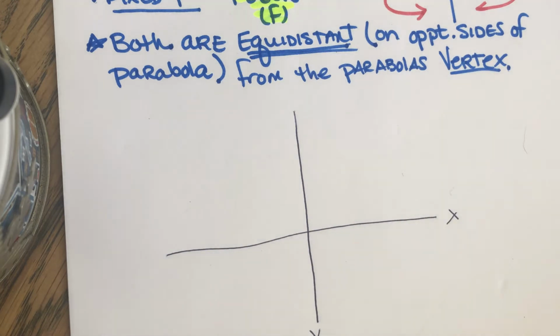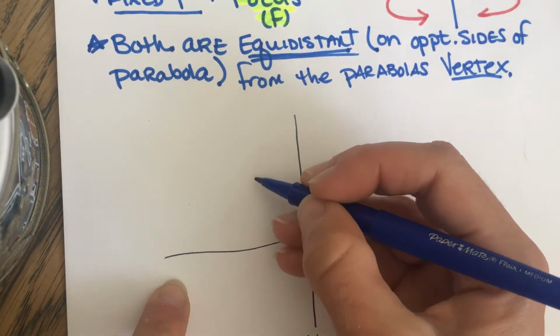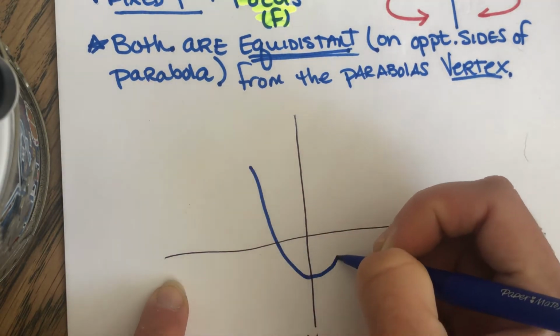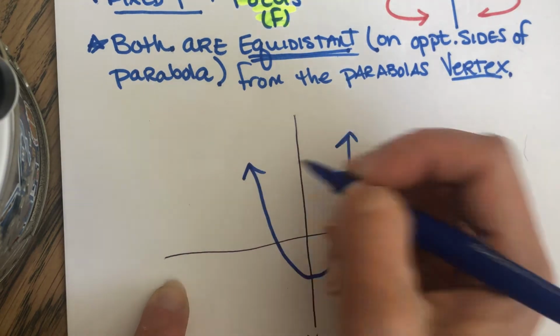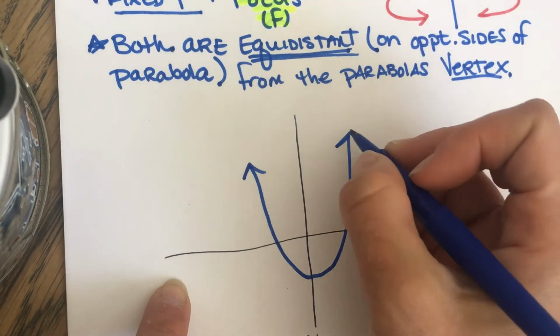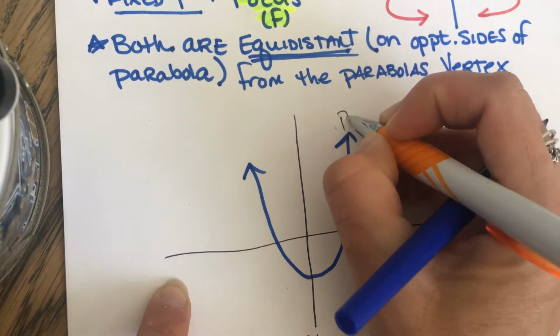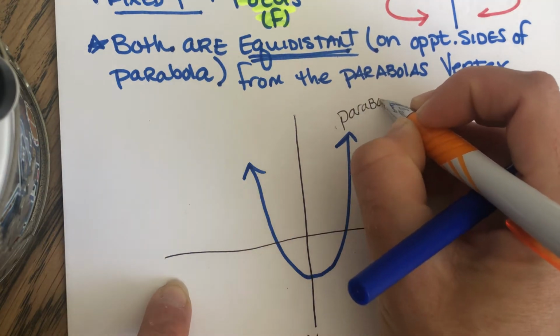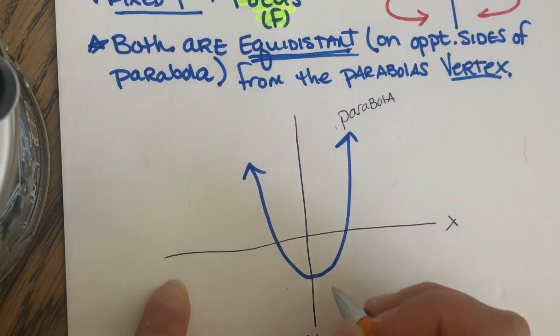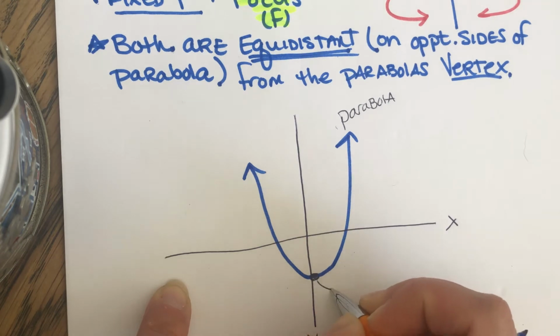Okay, so just for example, just putting it in the middle for now, here obviously is my parabola. Here, we should know this is the vertex.